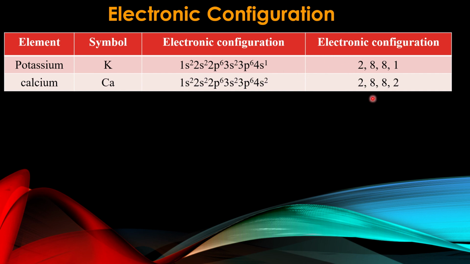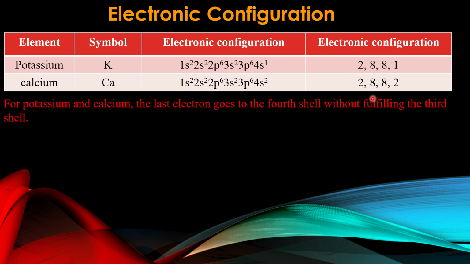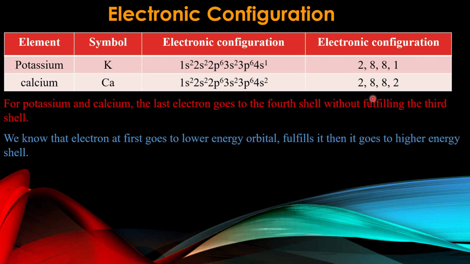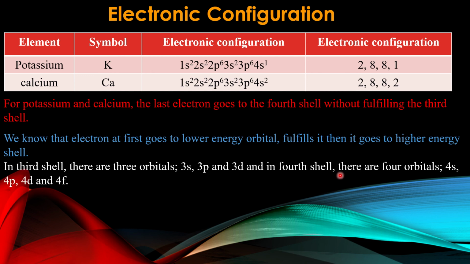Dear students, I think now you are clear why the 19th electron of potassium goes to the fourth shell without fulfilling the third shell. Why? Because of their energy. We know that an electron at first goes to a lower energy orbital, fulfills it, then goes to a higher energy shell.